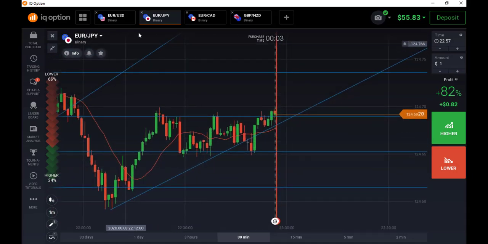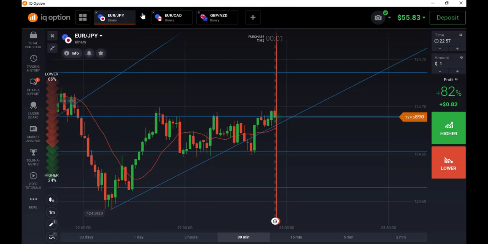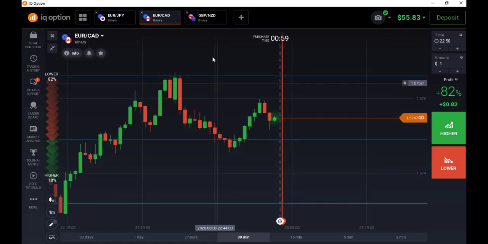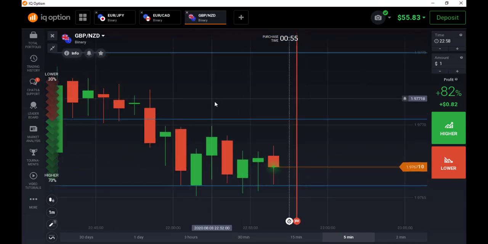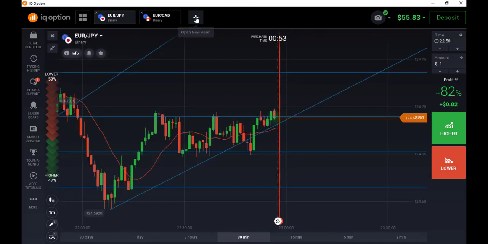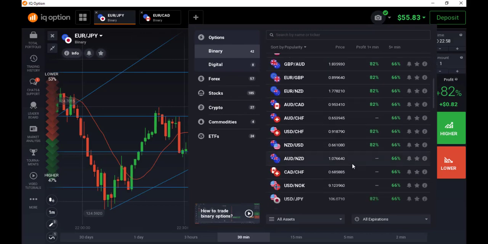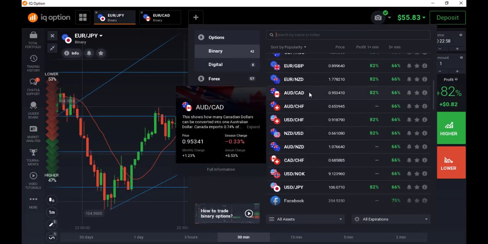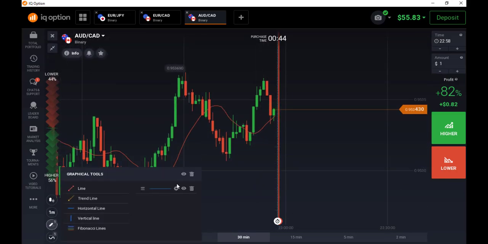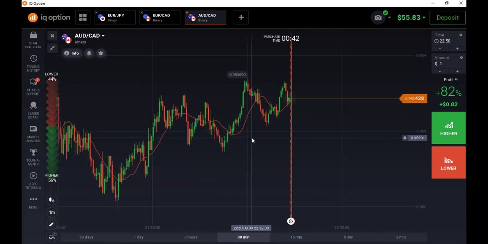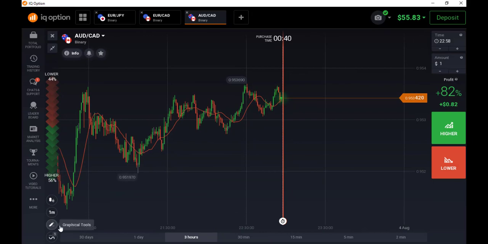Actually, we shouldn't close it, and I'm closing. And this is a good pair. I am closing the GBP New Zealand dollar because of high volatility. AUD CAD must be good. Let me close up, and let's draw Fibonacci lines here.